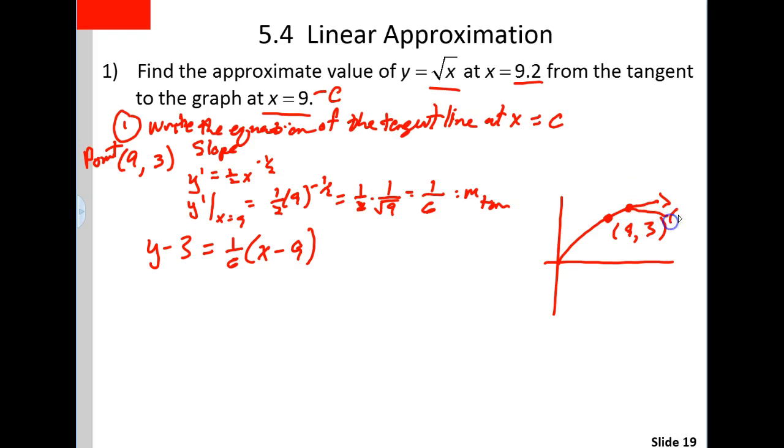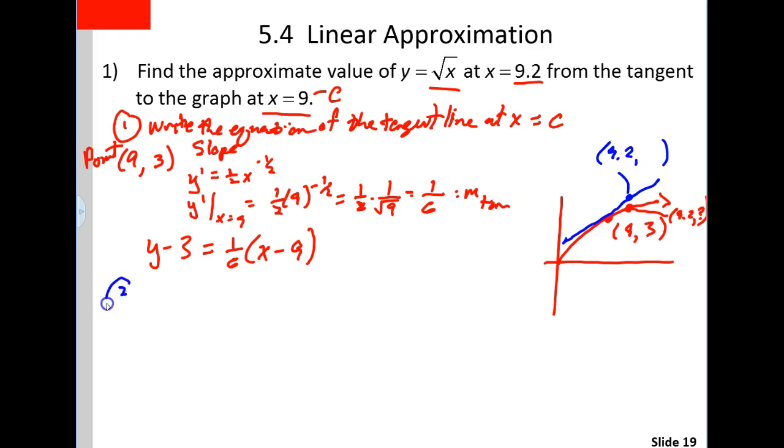So that point would be 9.2 comma question mark, whatever that is, our answer. So we're going to use the tangent line. So we draw in the tangent line, and we just wrote that equation. So we are going to figure out the point 9.2 comma the y value on the tangent line. And that y value is going to be our estimate. All right, so how do we do that?